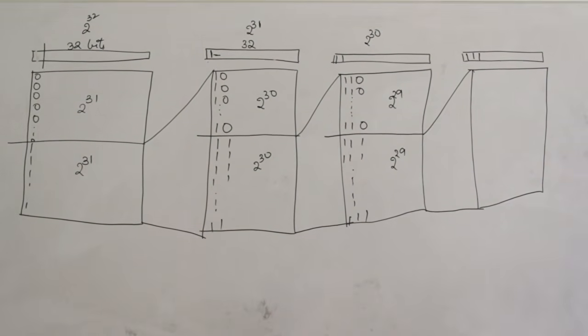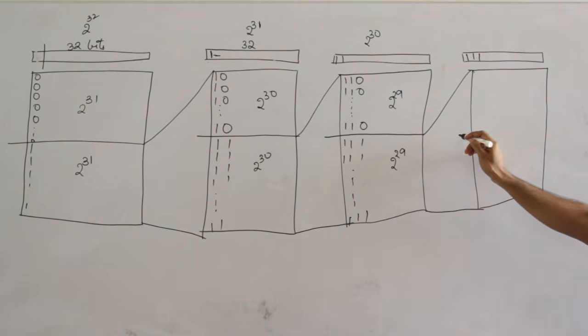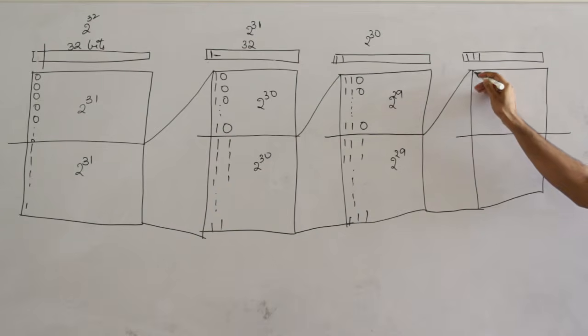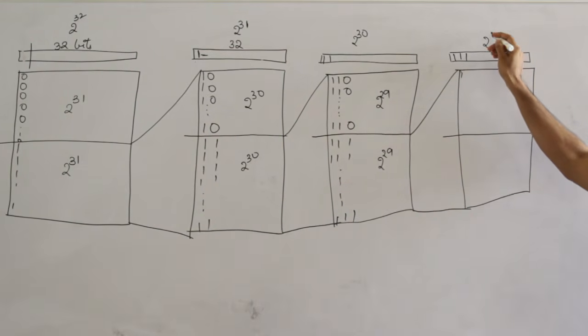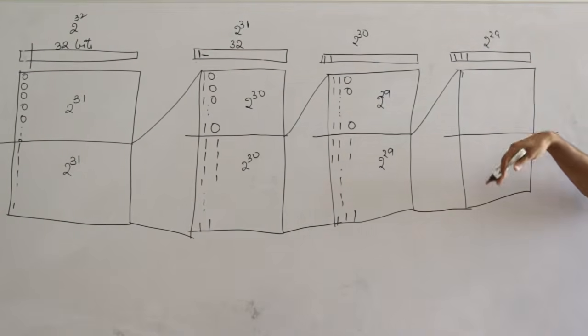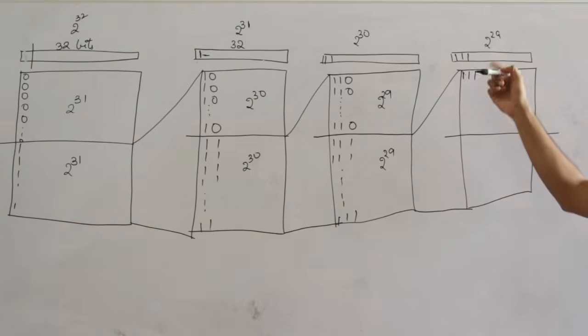If I choose the fourth bit, then I am dividing the entire number space into two halves, right? The total number of bits remaining is 29, therefore the size of this entire number space is 2 power 29. Now the first half is already containing 111, and I have chosen the fourth bit.